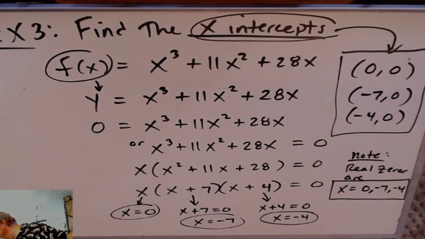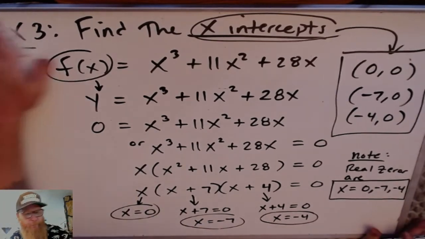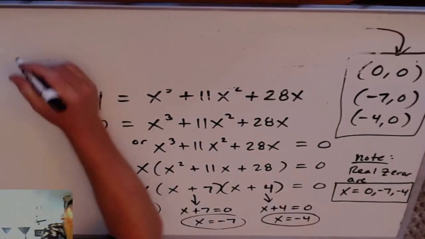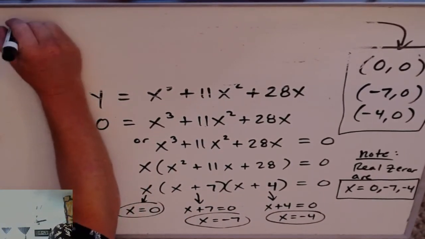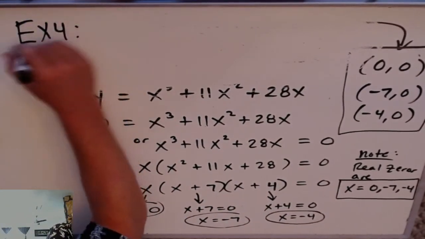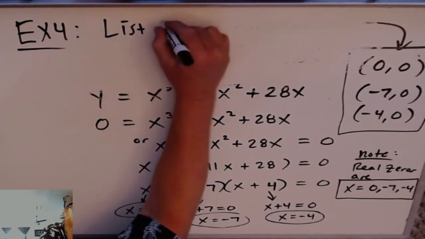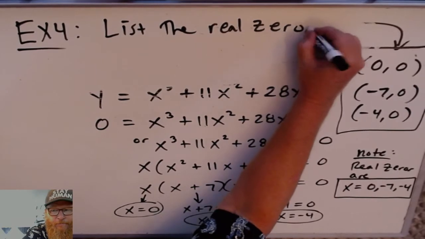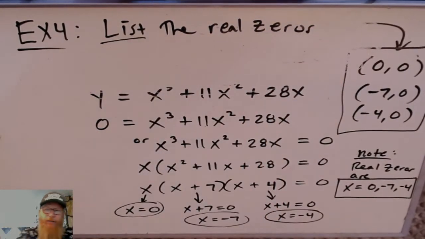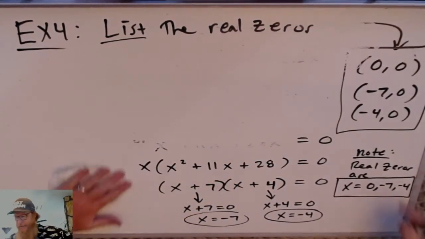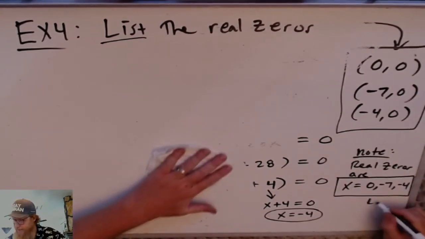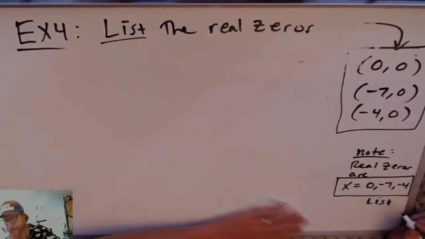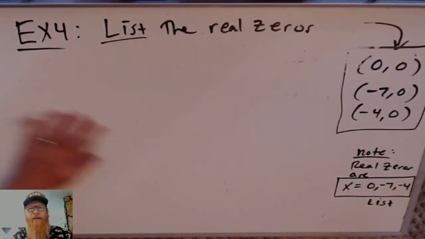How about example 4? List the real zeros. By the way, by saying list, I'm really giving you a hint that it's just going to be a list of numbers, not a set of points.